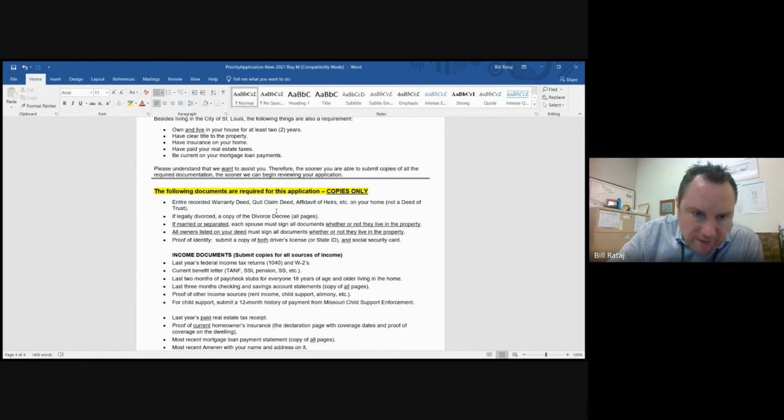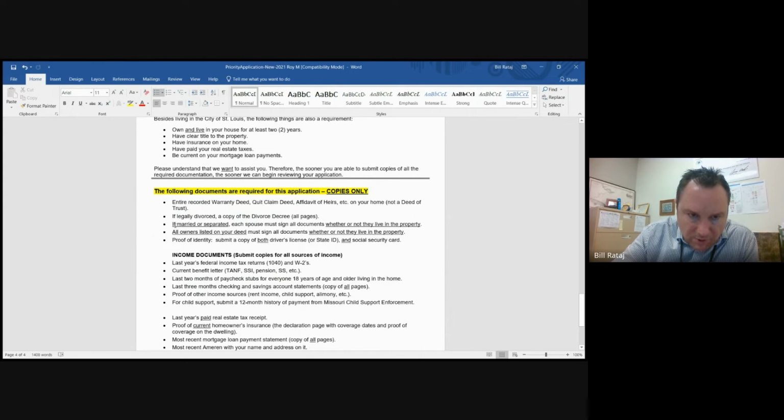Again, the reason for that is we have to make sure by state law that any real estate transaction, the documents have to be signed by both spouses. So that's important to know that information. So we have to have a copy of the divorce decree and all the pages so that we can read it in full. But the main thing we're looking at is who gets the property.